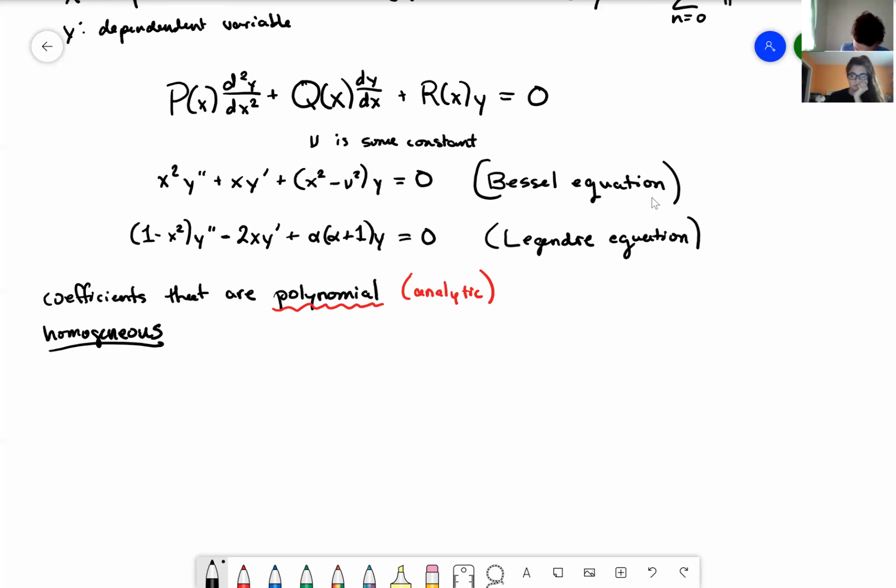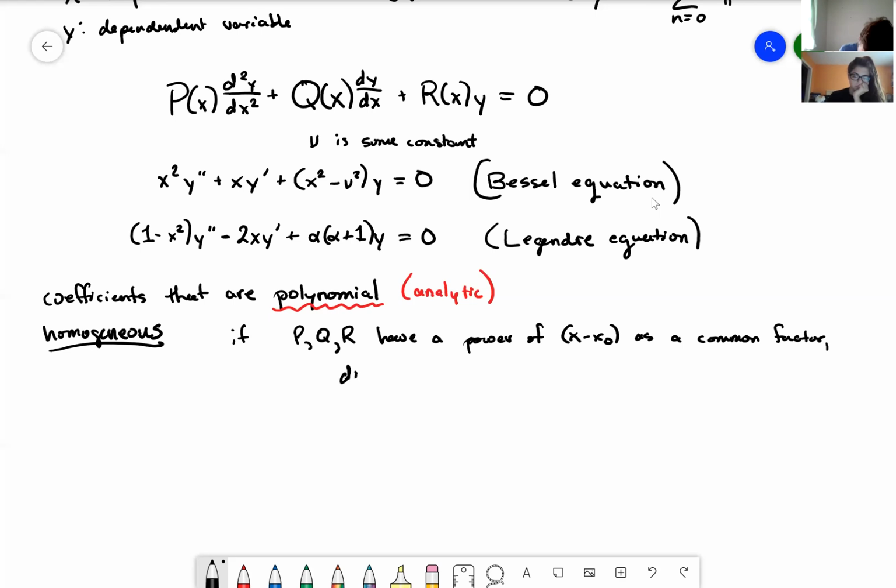Now, because of this, if P, Q, and R have a power of x minus x0 as a common factor, divide it out.